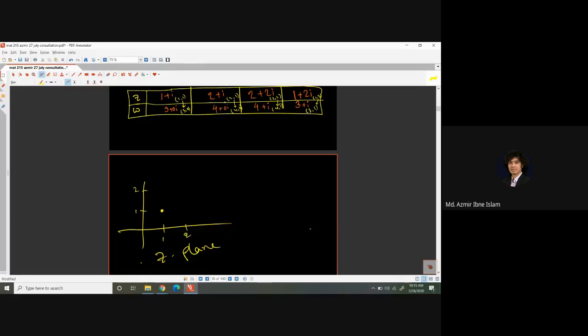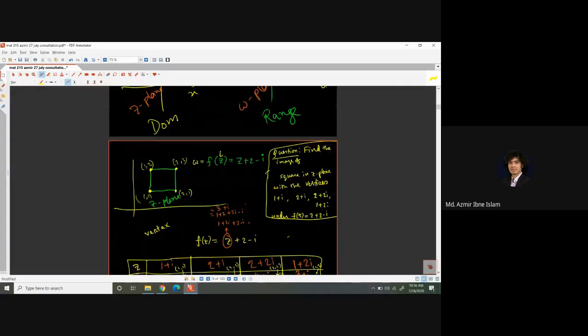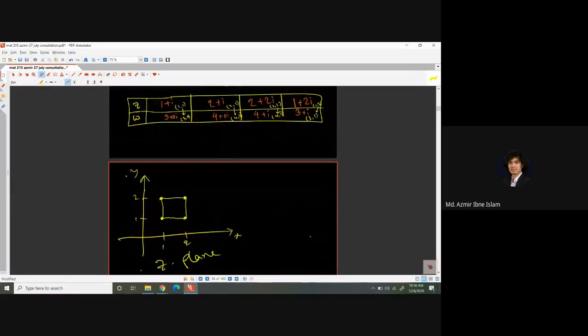Then (2,1), (2,2), and (1,2). Is there any problem in locating the points in the Cartesian coordinate system? No, sir. Okay, so now by joining all these points, since in our given question it is mentioned that this is a square with these vertices, that's why we are joining all these points.